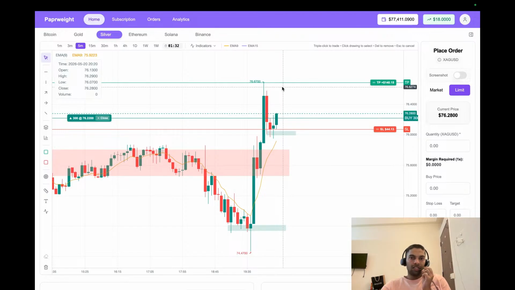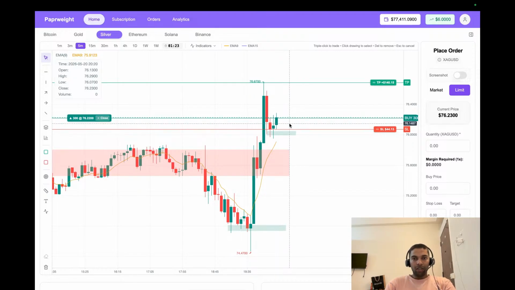This should at least retest this buying zone again. What I will do, I will add more quantity over here. Still 1 minute and 20 seconds to close this candle.